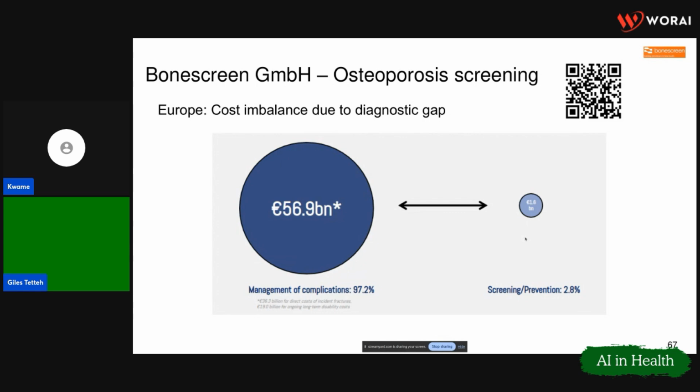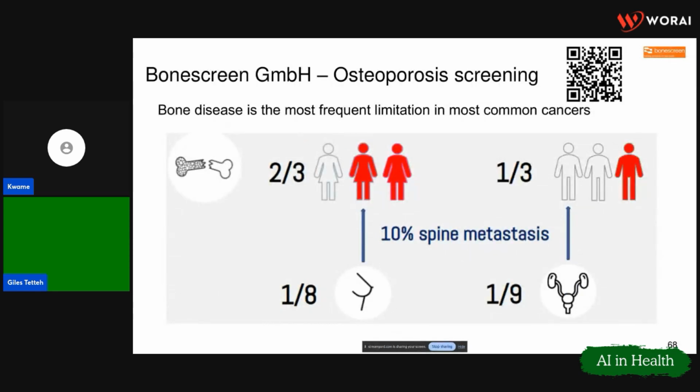And this is the gap we want to close as a startup, where we make screening of osteoporosis very simple and easier. And if we even look at the cancer situation, because some of the drugs used in the treatment of breast cancer and prostate cancer have certain chemicals in them which make the situation even worse.